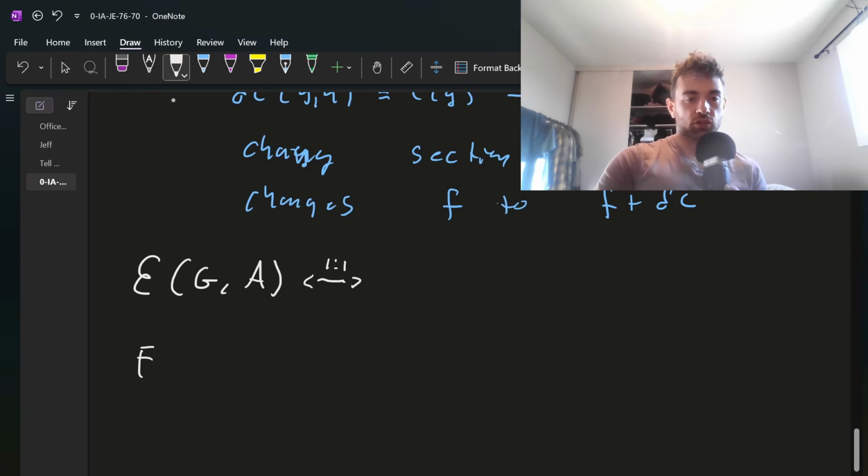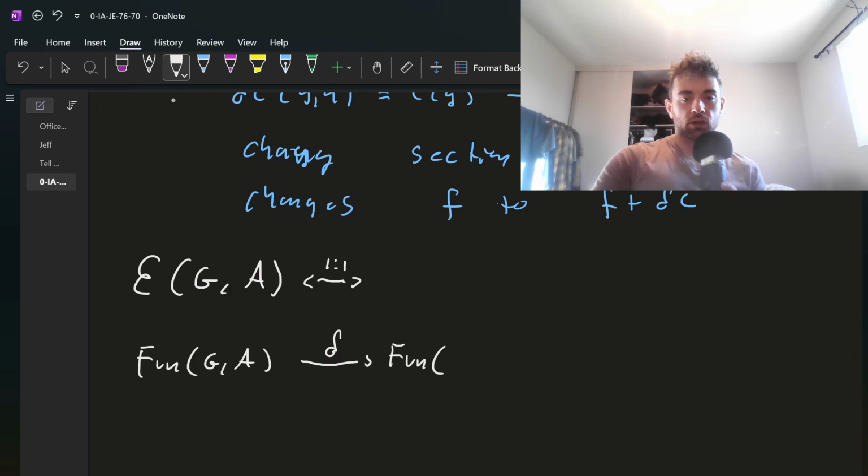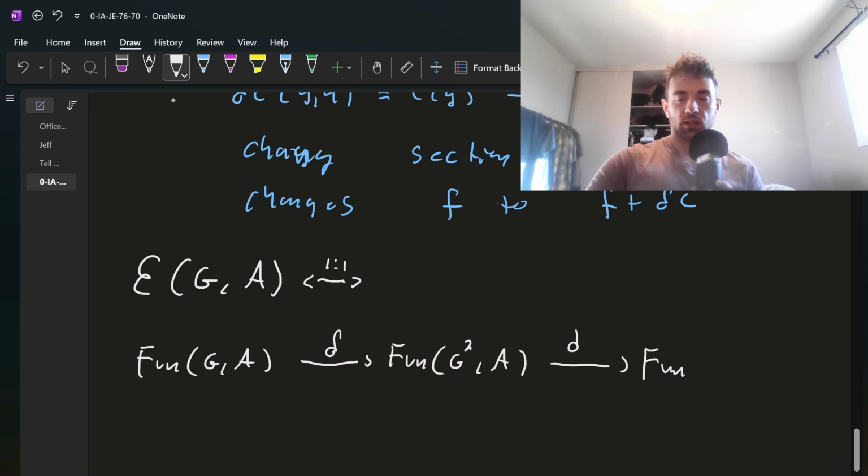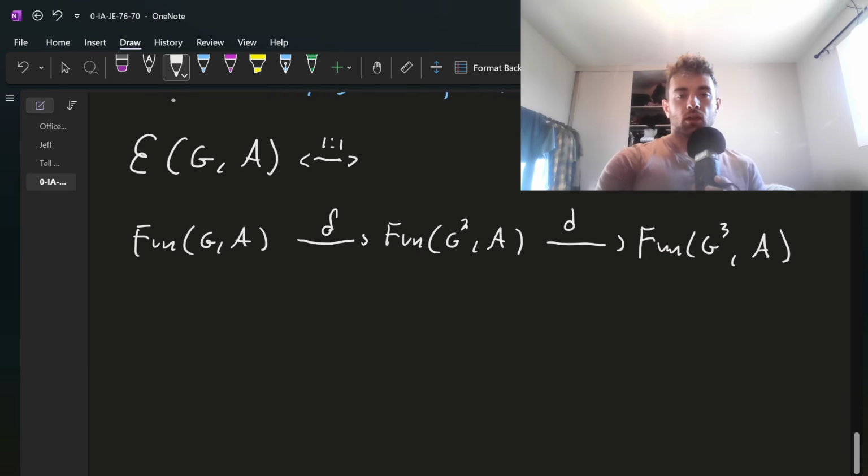We're going to look at functions from G to A. We have a map delta, which takes us, so remember, that was like our C. We apply C to C delta. We get out a function that goes from G squared to A. And I'm going to define another map D that goes from functions of 3 copies of G to A. So what is delta?